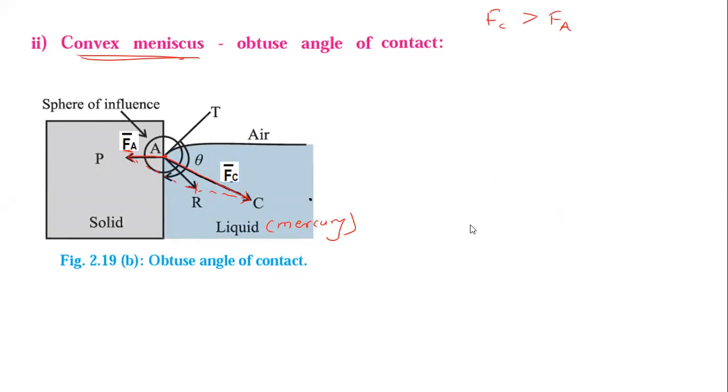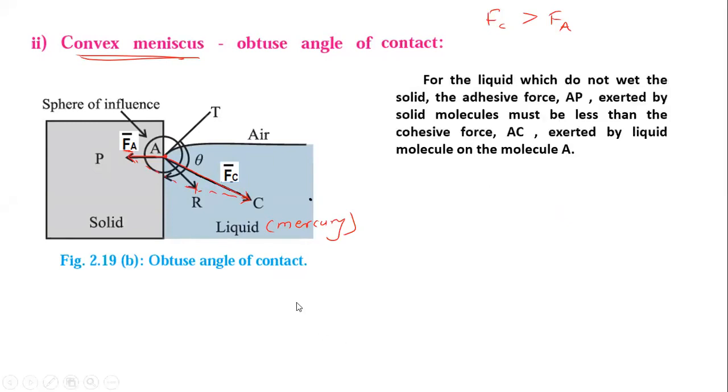Now let's see the explanation here. Pay attention in the explanation. I will explain this. For a liquid which does not wet, meaning mercury. You know that if we put anything in mercury and take it out, it is dry.